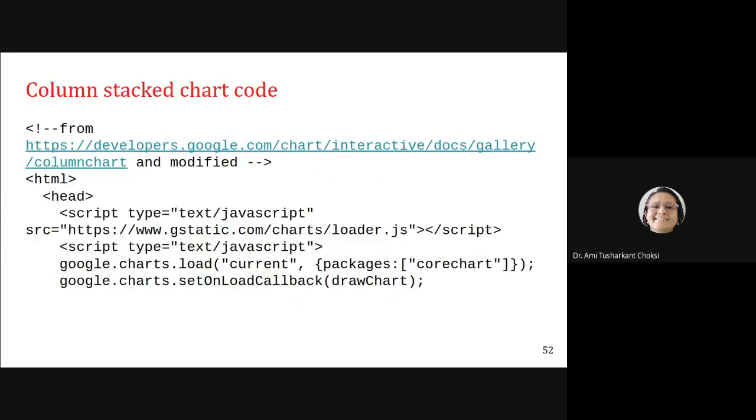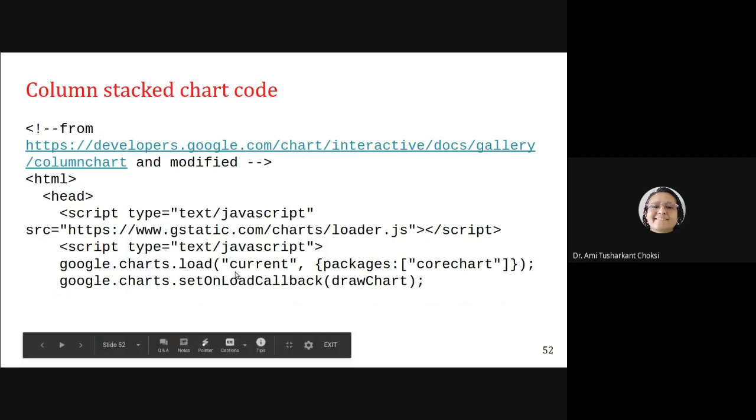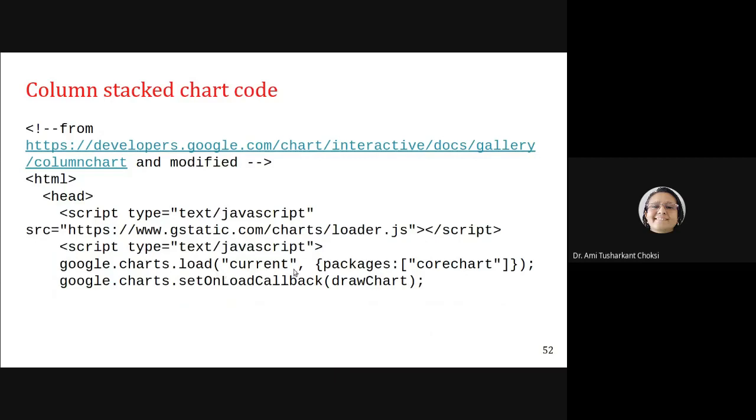Fine. So for that, let us have the code. First of all, we load the Google Chart API, that is by loader.js from gstatic or otherwise from Google, right? After that, we are loading the default packages, that is corechart, right?